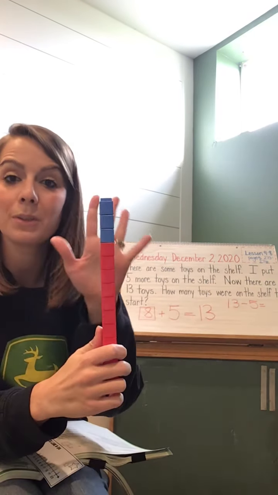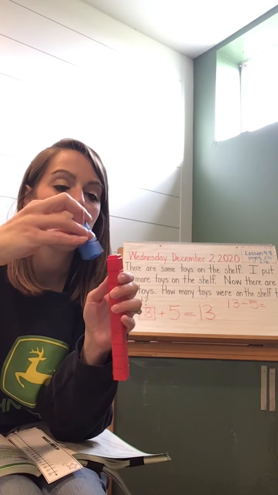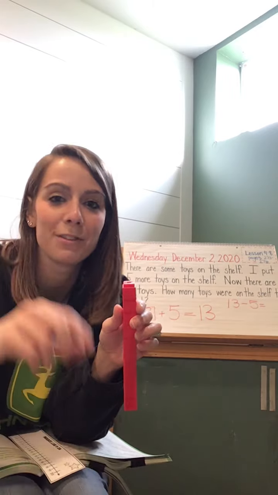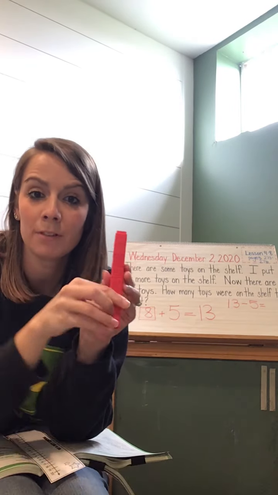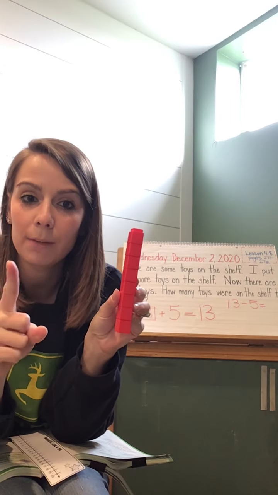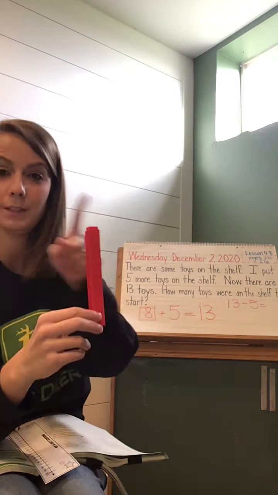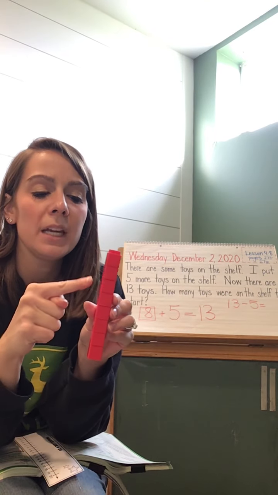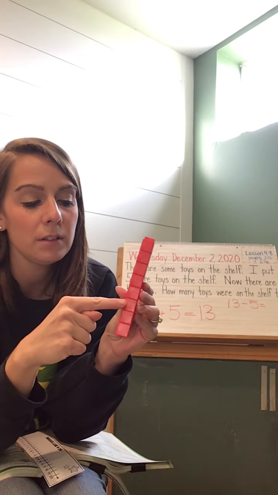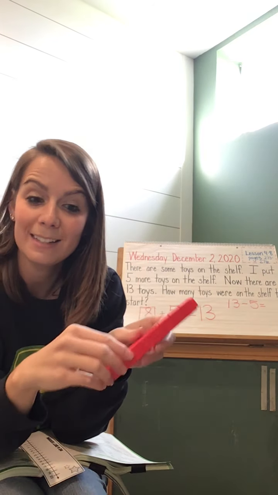So that means I'm going to take away 5 cubes. 1, 2, 3, they all came off at once. 4 and 5. Okay, so let's see how many I'm left with. We'll see if we get the same number. We got 8 here. Let's see if it matches. 1, 2, 3, 4, 5, 6, 7, 8. Hey, it did, didn't it?